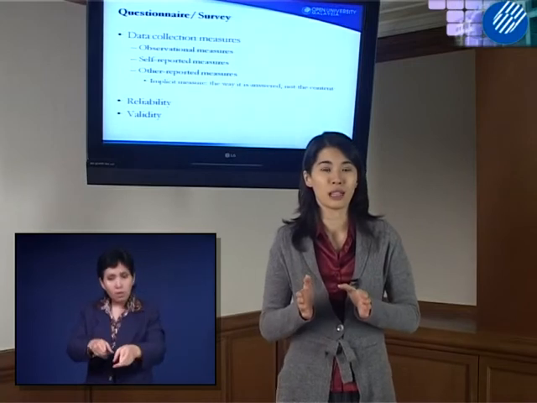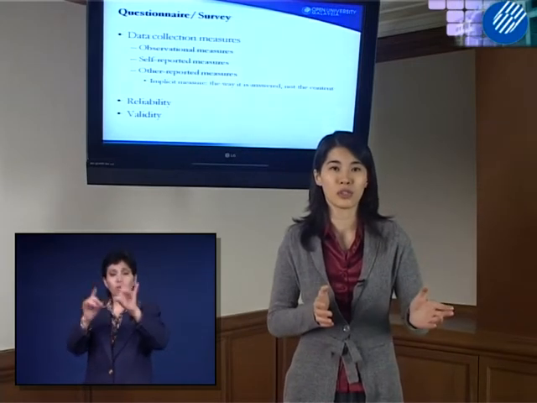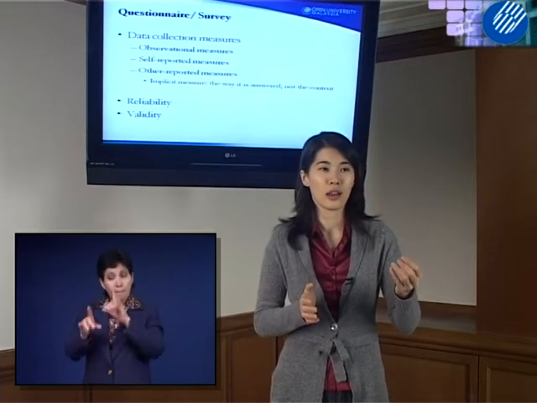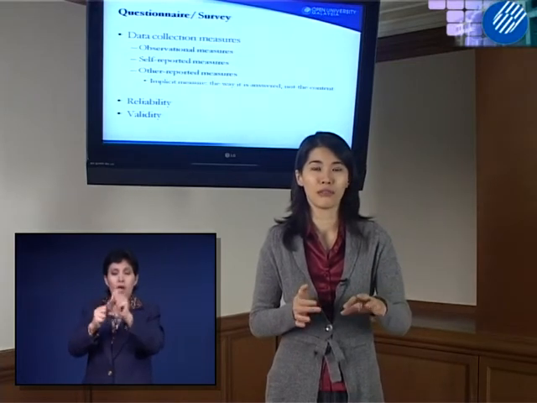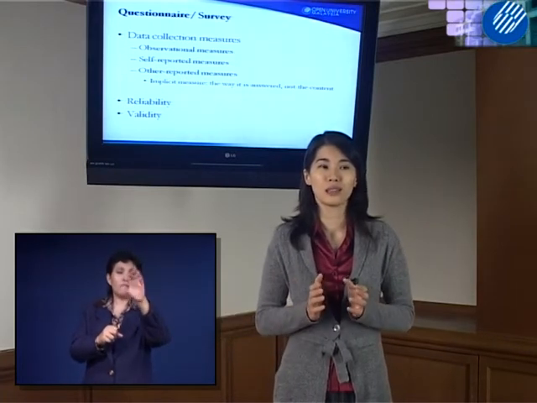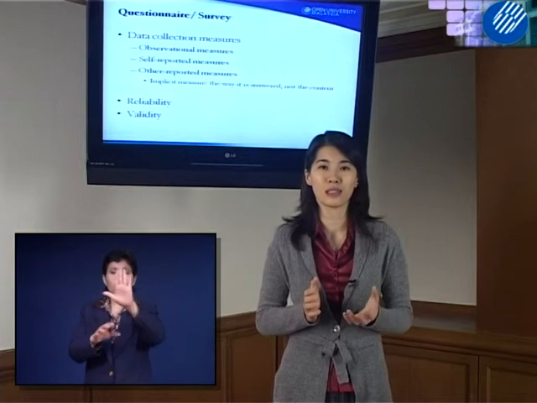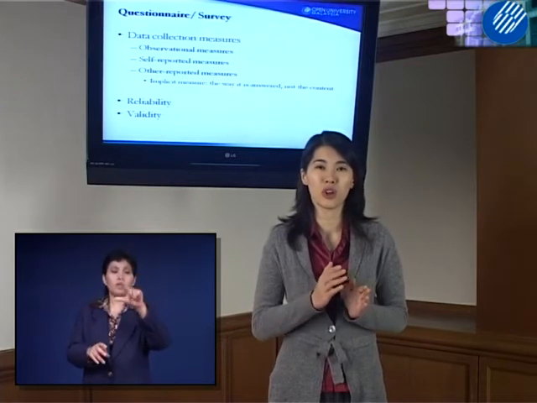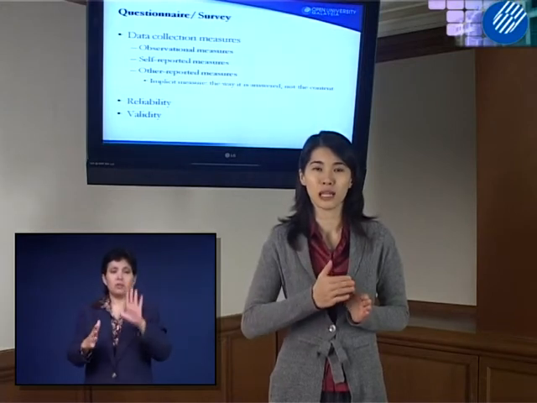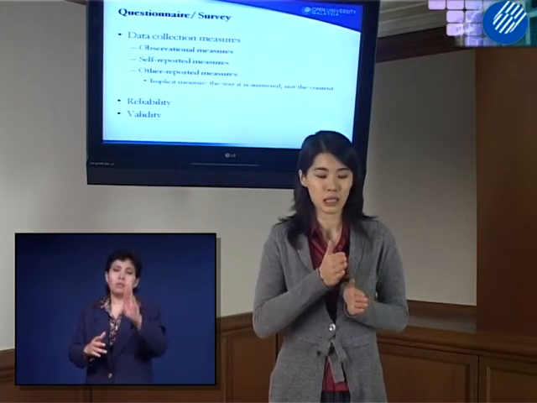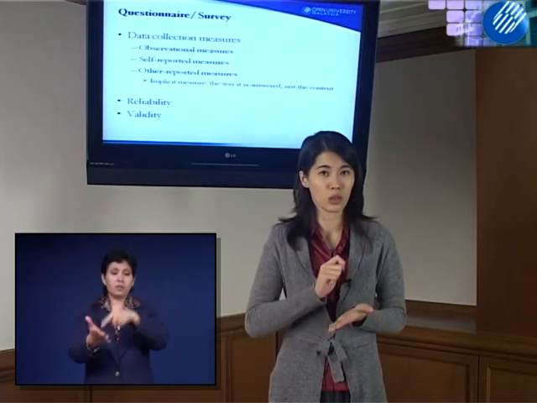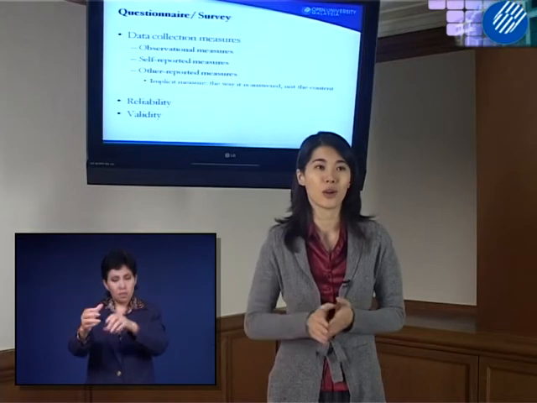If you have an IQ test, one day you test the same person, today the person gets 100, the next day 50, the next day 75, the next day 150. This one, your questionnaire or your IQ test, is not reliable because it is not constant over time. For your questionnaire or your test to be reliable, it has to be constant. It means when you do this, or when you tick this, you get this answer.